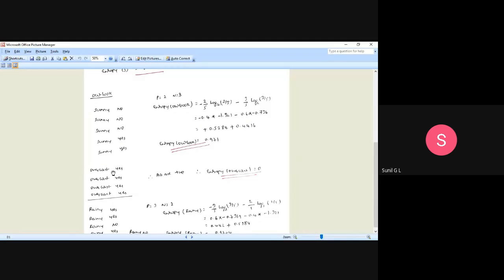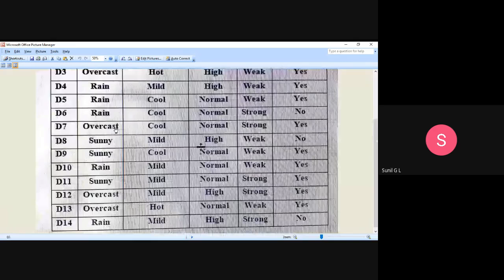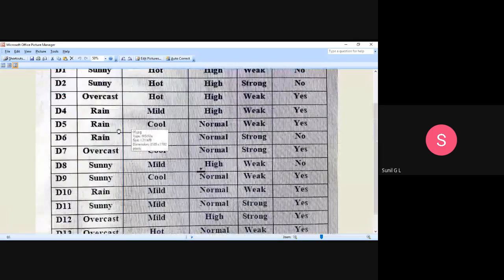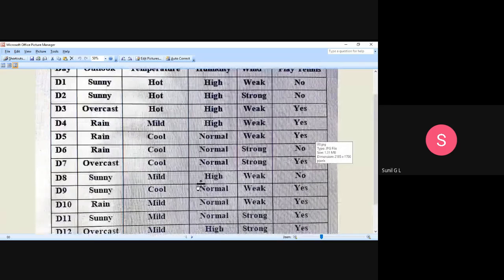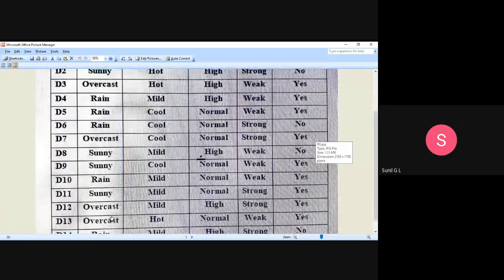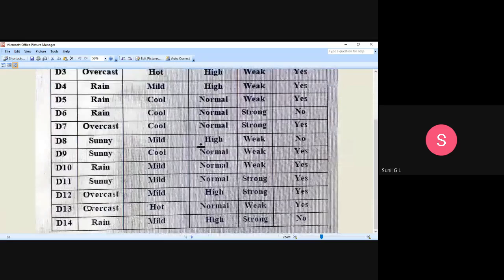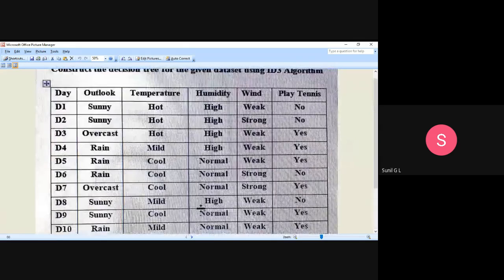Here in this overcast, all 4 are positives. You can check it in this data set for overcast: 1, 2, 3, 4 overcasts are there, and all 4 are positive.